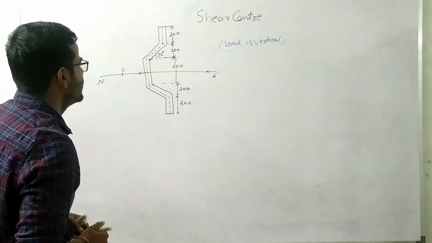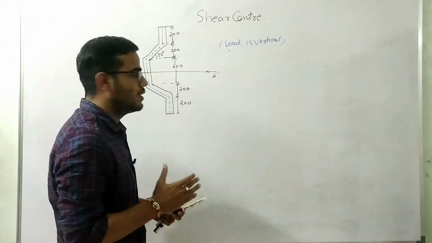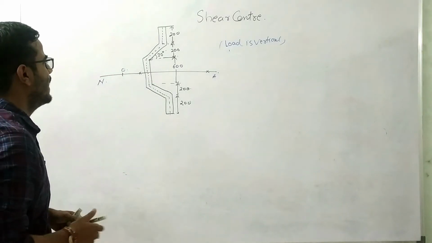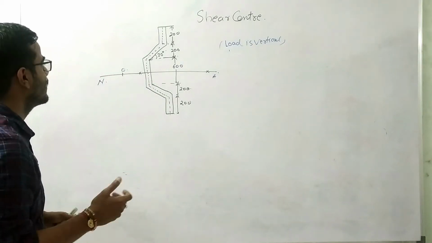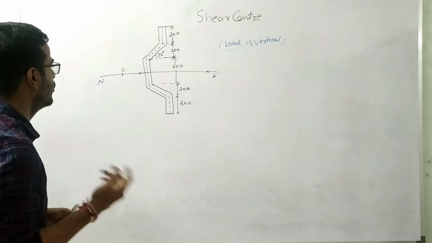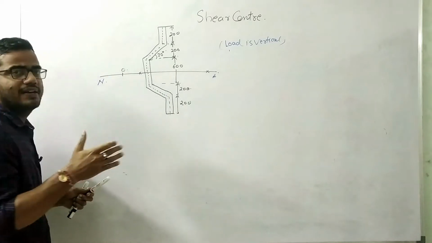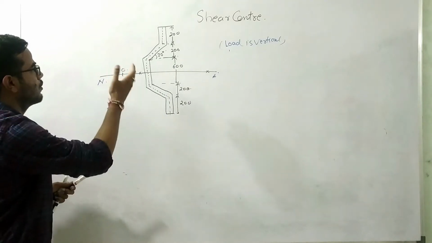Before calculating the shear center, we should have the basic idea of what the shear flow will be in this cross section. As you can see, the shear flow will be like a fluid flow. It will act in the way that a fluid is flowing across this cross section.